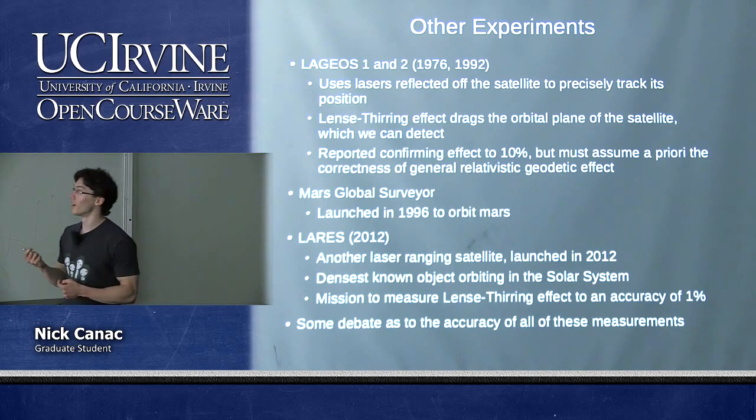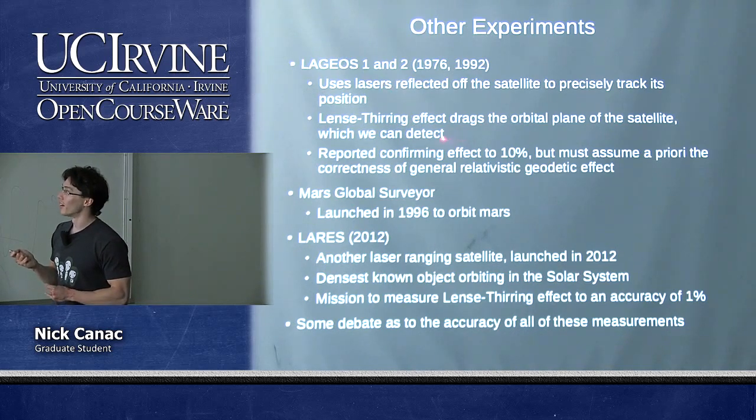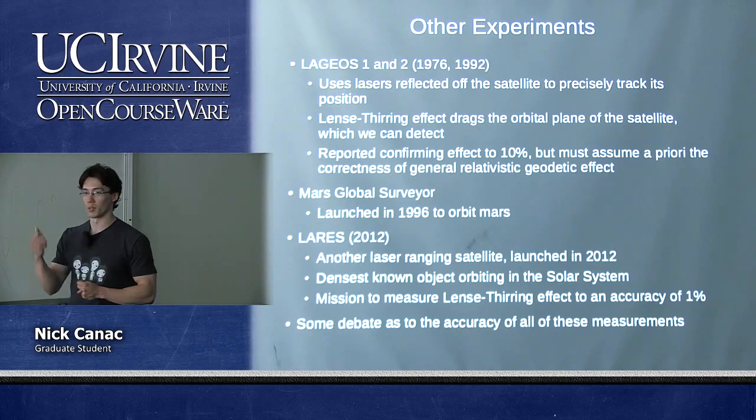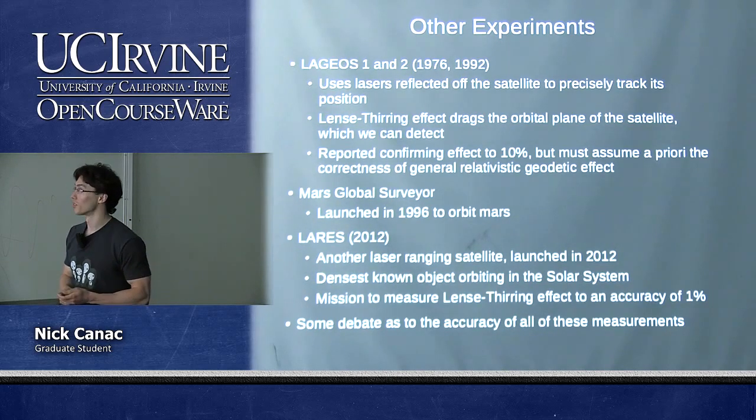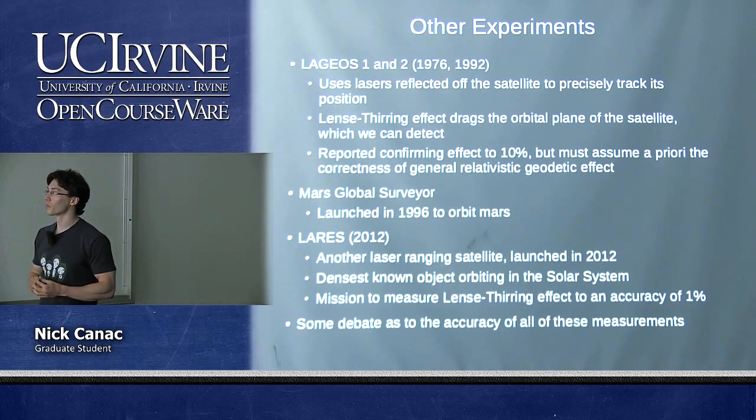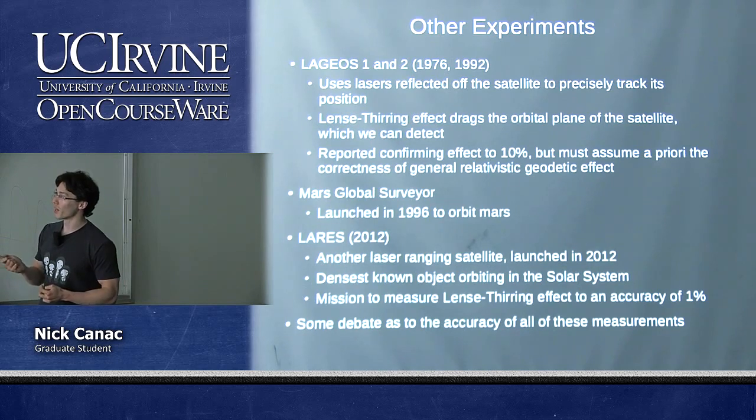In principle, the frame-dragging effect should drag the orbital planes of these satellites, and because we know their position so precisely, we can actually measure the effect that way. The problem is we have to assume the correctness of the geodetic effect.